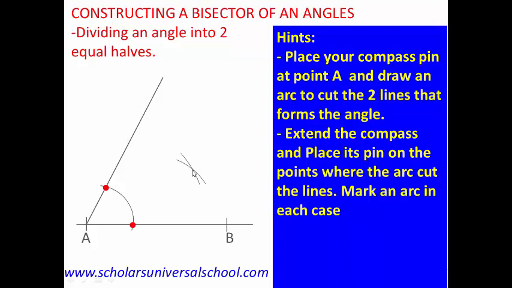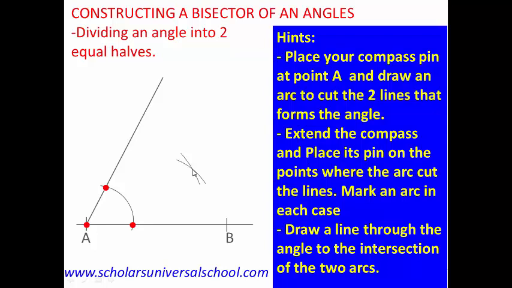That means they join here. I will now draw a line from this point where they join to A. So let us see how it's going to be like. Can you see that we are joining from here to here? Are you following? Okay.